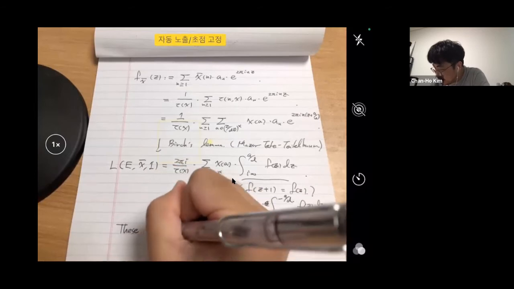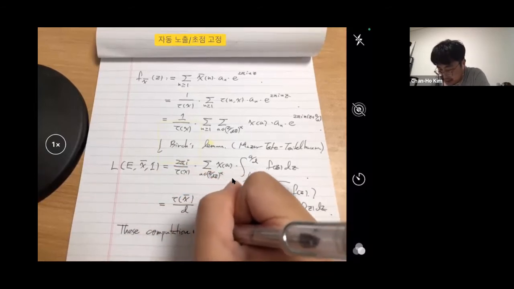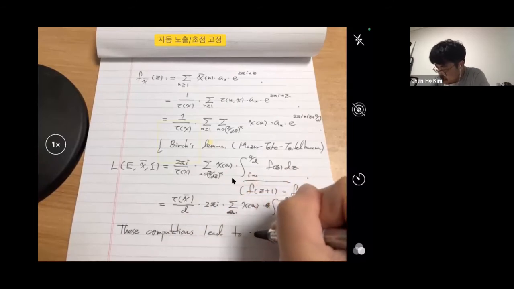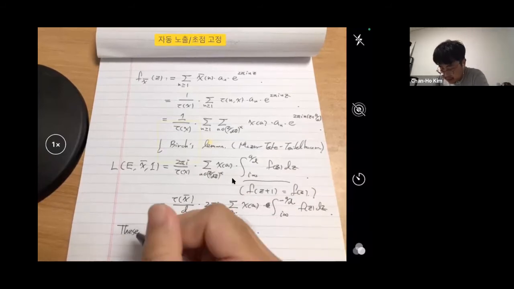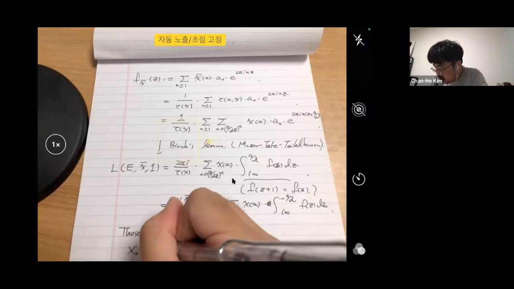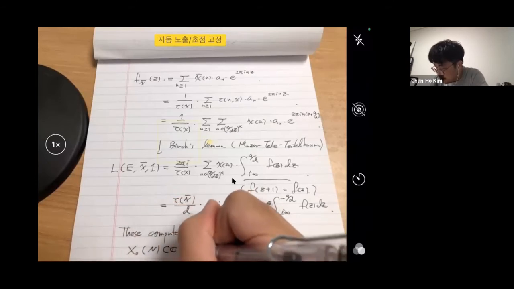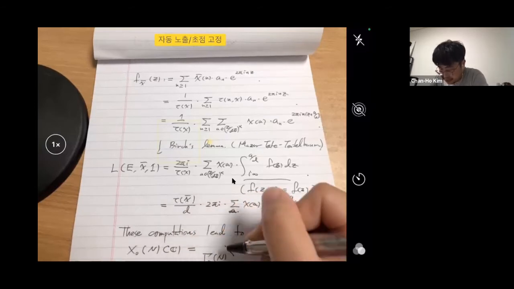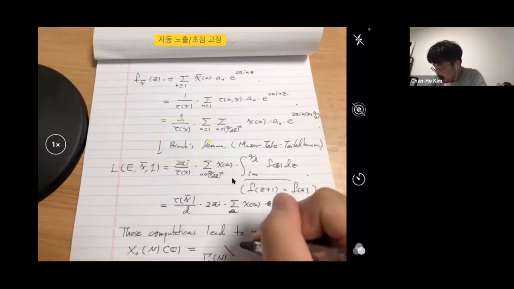These computations lead to the following notion. So first I write the modular curve's complex points as the quotient of the upper half plane by Gamma_0(N), of course adding the cusps.